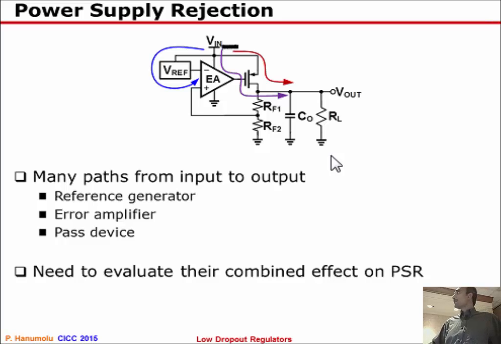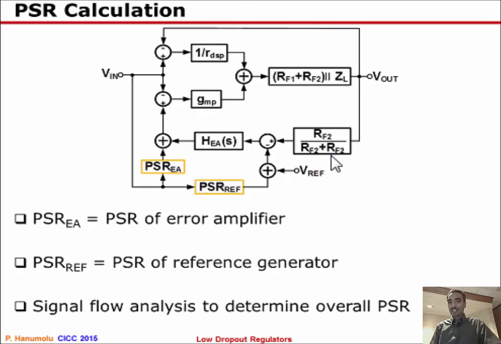So that ratio is the PSR of error amplifier, and similarly you can also define the PSR of your reference generator, and those are denoted in these places. So how much of input will appear at the output of the error amplifier is dictated by the PSR of the error amplifier, and similarly the reference generator.